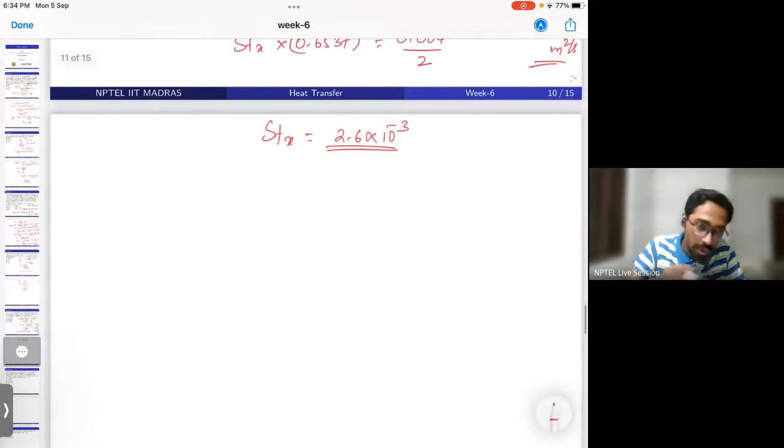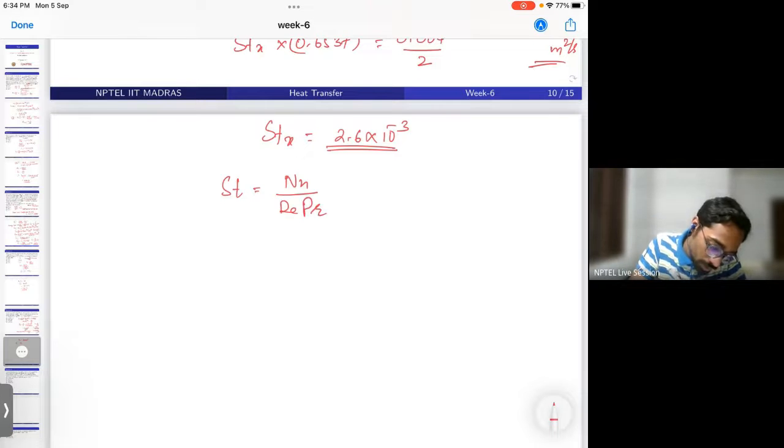Okay. So what is the Stanton number? The Stanton number is equal to the Nusselt number divided by the Reynolds number into the Prandtl number. What is the Nusselt number? h x by k at any location x, into mu by rho u infinity x, and the Prandtl number is mu by alpha.